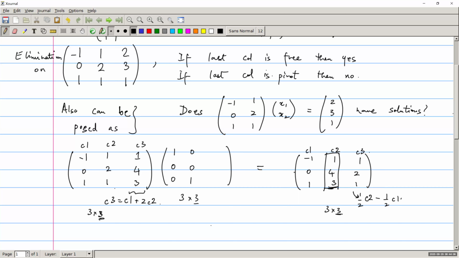So what should I write here? I'm talking exclusively in terms of columns of this matrix. What I have here is column 2 here. So it is 0 times this plus 1 times this plus 0 times this. So what will I have here? 0, 1, 0.